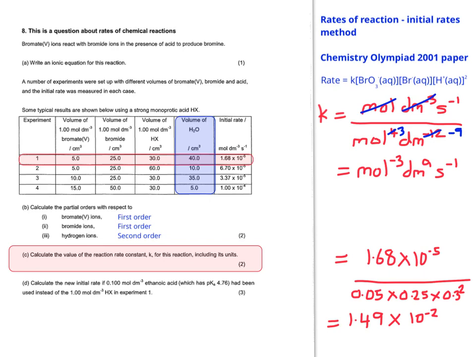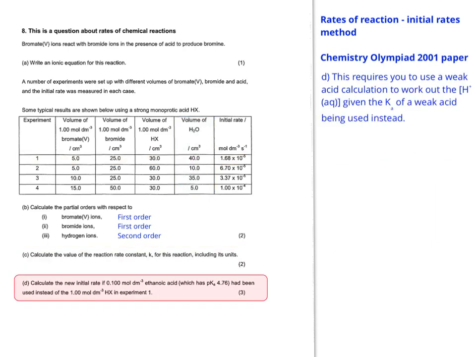Okay, so let's now move on to the final part, part D. It now says calculate the new initial rate if 0.100 mole per decimeter to the minus 3 ethanoic acid has been used instead of the 1.00 mole per decimeter minus 3 of HX in experiment 1. So this requires you to use the weak acid calculation and then put this new number into the calculation we just did.